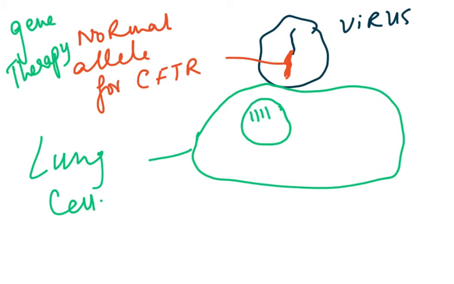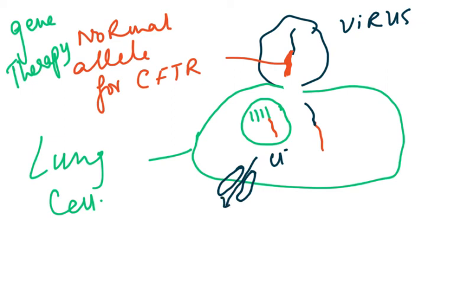And then we hope that this virus is going to enter, the DNA will follow, and the correct allele DNA will get attached into the nucleus with the chromosome, and hopefully the normal channel protein will then be produced and chloride ions would be pumped out.